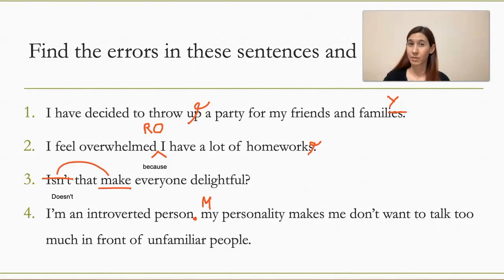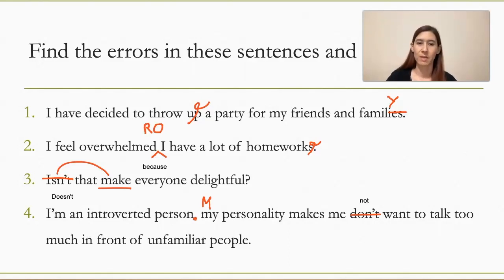Do you see any other mistakes? You can't say don't want to talk. My personality makes me. Here, make is your main verb. My personality makes me. What word should be here instead of don't? We just need the negative form, not.